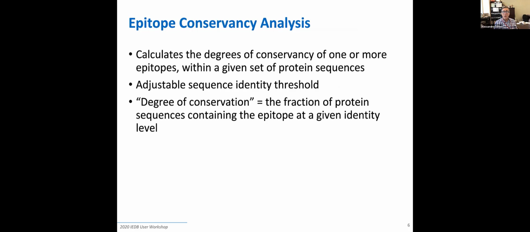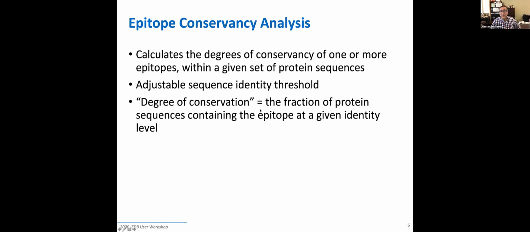So, for example, say you have identified one particular epitope derived from the dengue virus, and you want to know how conserved it is in a series of 20 different dengue virus isolates that you have obtained from a study in the field in Nicaragua or in Sri Lanka or whatever, or you have mined from the database.